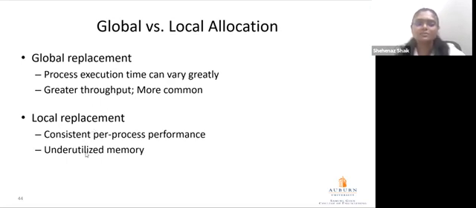By doing that, we are in fact making the decision regarding page replacement based on the page access behavior, or the reference string, that belongs to the same process.